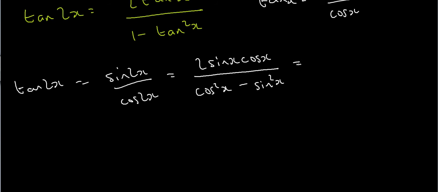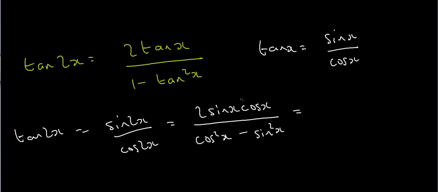Okay, so looking at this expression we've got here, we want to make this look like this. So how do we do that? Well, we want tangent of x on the top. So at some point we're going to have to divide by a sine or a cosine. So let's try dividing by cos squared and see what happens. So I'm going to divide the top and the bottom by cos squared. So I'll put this in brackets.